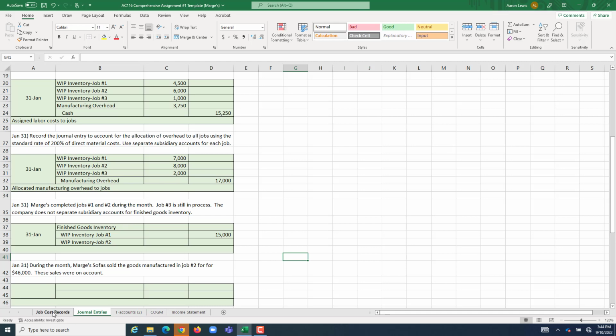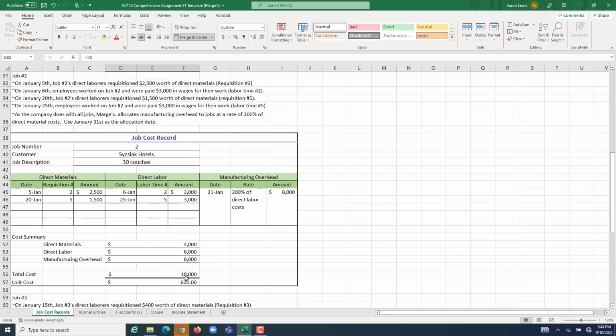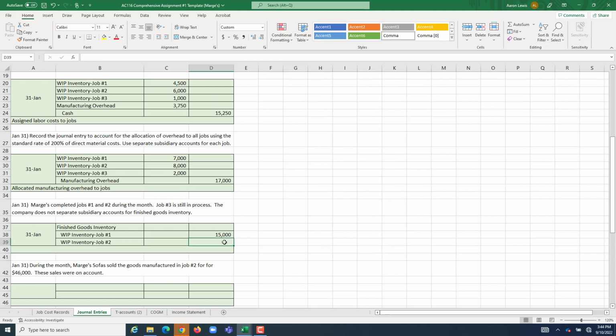We finished job 2 as well, so the same thing. We're going to go to job 2 and find the total cost of job 2. The total cost of job 2 was $18,000. Since it's finished, it can't be in WIP anymore. We're going to take it out of WIP for whatever its total cost was, and that was $18,000.